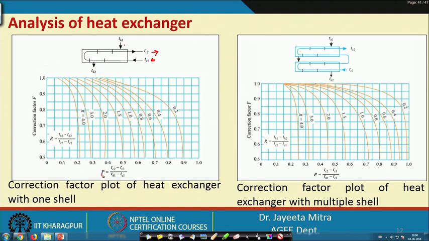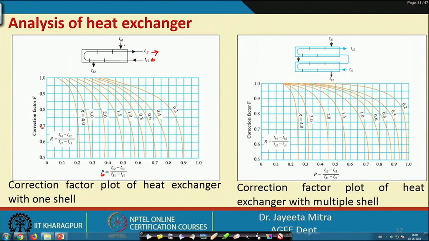So, P value, we have calculated, that is difference in the cold fluid temperature divided by the difference of inlet of hot and cold, and another is the capacity ratio R we have calculated. So, from these two data we can calculate the correction factor.